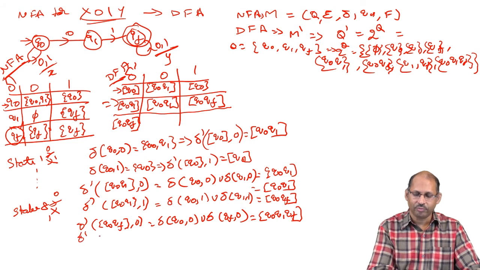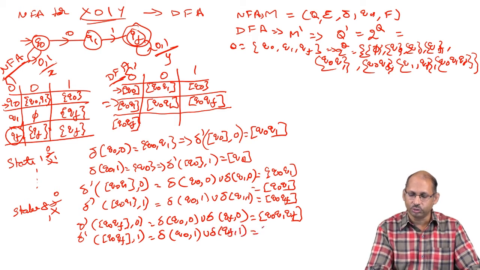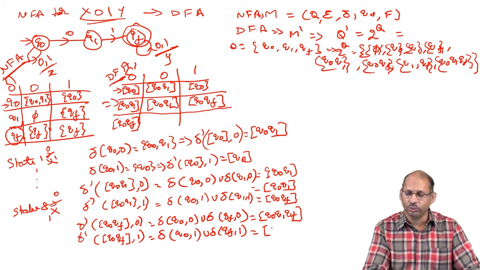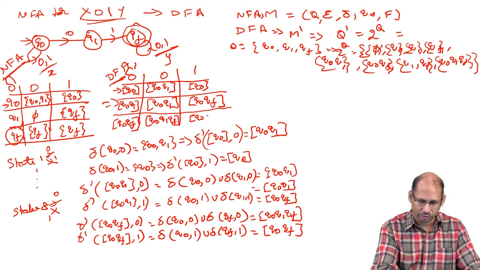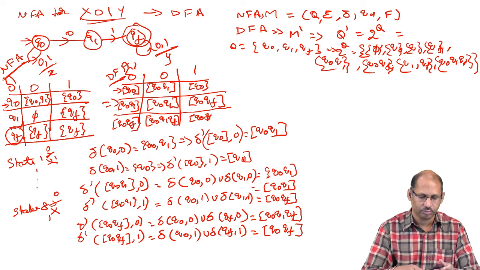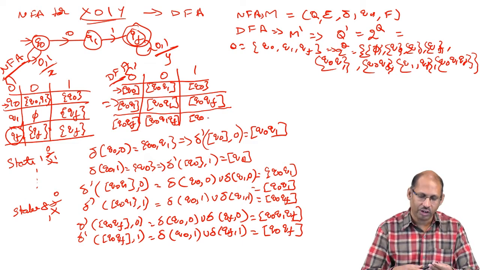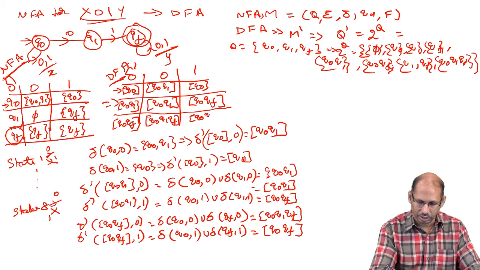Then, similarly, Q naught, QF on 1 results in the transition function of Q naught on 1 union with QF on 1, which results in Q naught and QF. So simply we are writing here Q naught, Q1, QF. Here we are writing Q naught, QF.